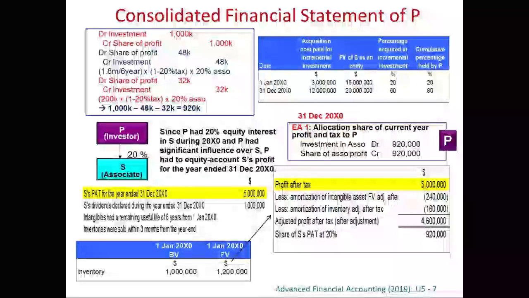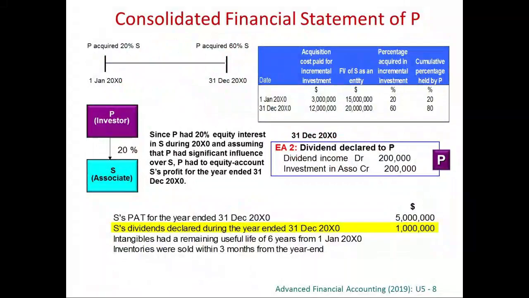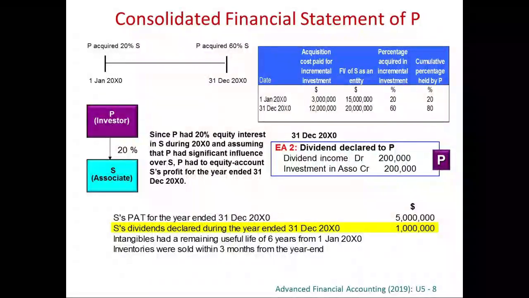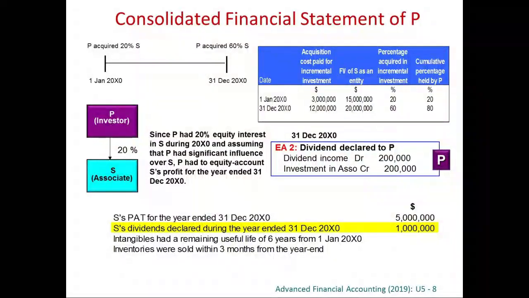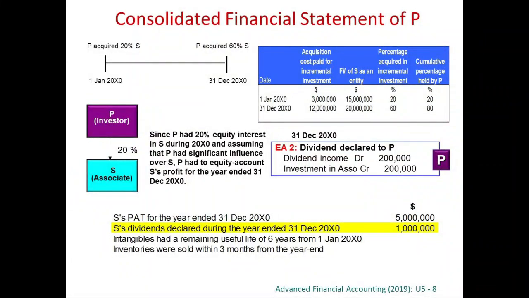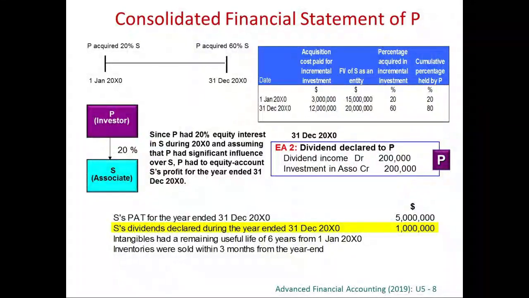Anyway, this is an associate for the whole year. Therefore, at the end of the year, you will increase the investment by 920. But when we share the profit, we notice that actually this company has paid out dividend. Dividend declared during the year is 1 million. Because we share the profit, any dividend from this company should not be regarded as dividend income.